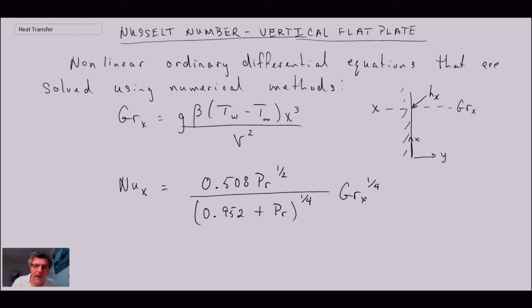Now, quite often we're interested in obtaining the average convective heat transfer coefficient across a plate, h bar. In order to do that, we would have to integrate the local heat transfer coefficient. If you recall, the Nusselt number is hx over k.